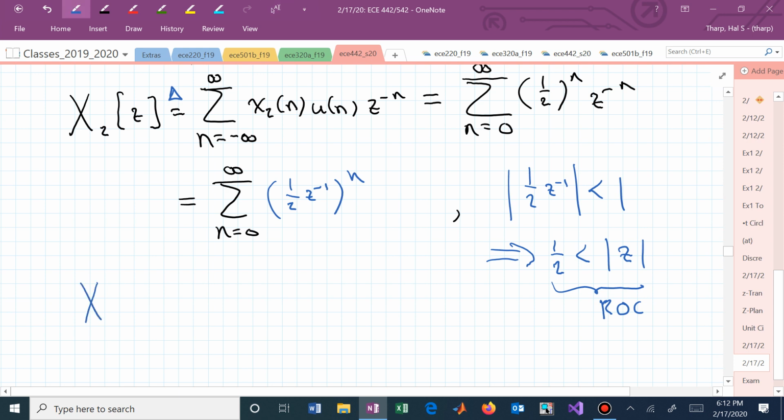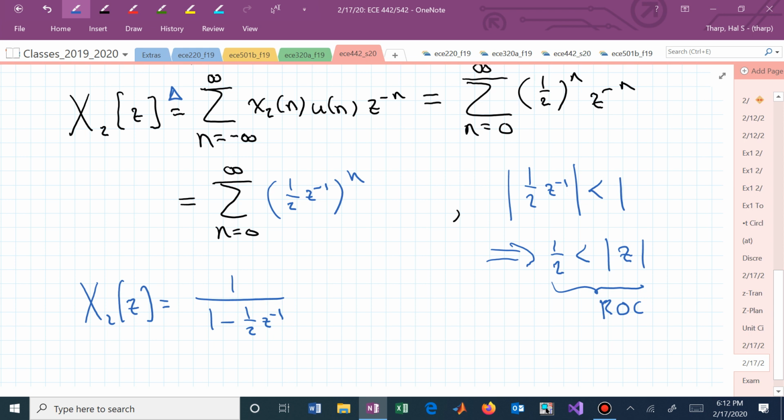Or x sub 2 of z is now 1 over 1 minus 1/2 z to the minus 1, if we did our comparing of these infinite sums, multiplying the bottom one by this common ratio and then comparing, dividing by that.